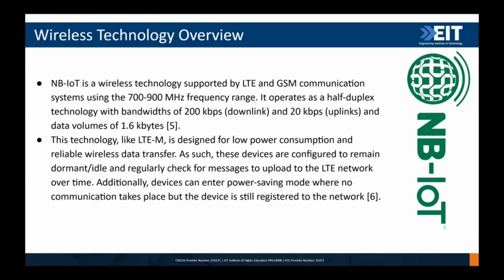The technology, much like LTE-M, is for low power consumption and reliable wireless data transfers. These devices are normally designed to last for years without changing them or doing any form of servicing. They can remain dormant, and if there's not much communication between the tower and the device, the device goes into a state of power saving. However, it's still connected to the tower, so once it boots up, it can easily connect back to the tower and share whatever data it needs to share.